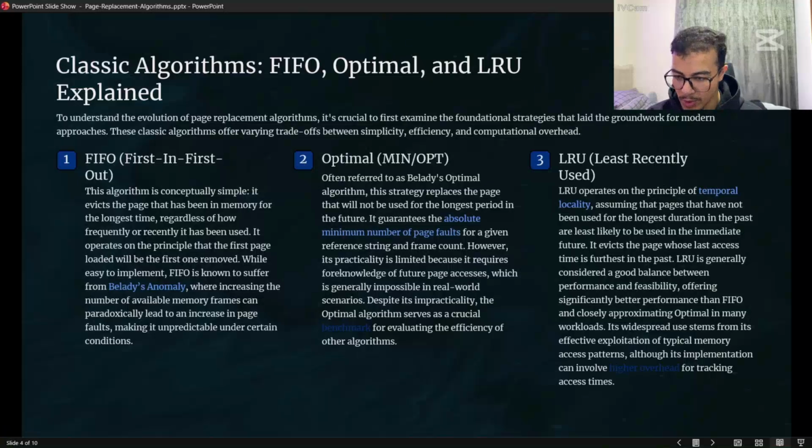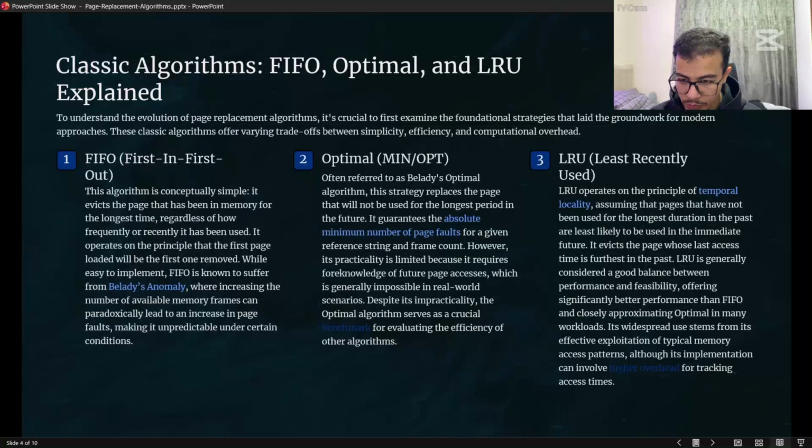While easy to implement, FIFO is known to suffer from Belady's anomaly, where increasing the number of available memory frames can paradoxically lead to an increase in page faults, making it unpredictable under certain conditions.